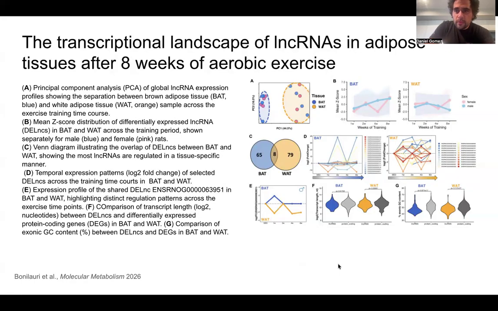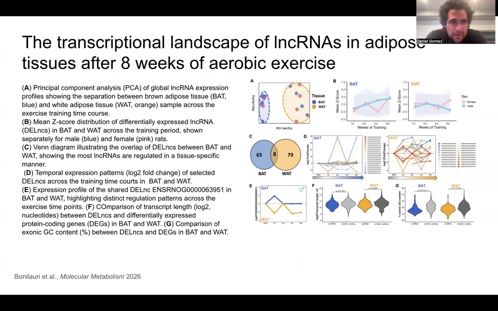All right. And then getting into the component analysis, we have PCA of the global lncRNA expression profile showing the separation between brown adipose and white adipose samples across the exercise training time course. We can see both sexes, brown adipose and white adipose.